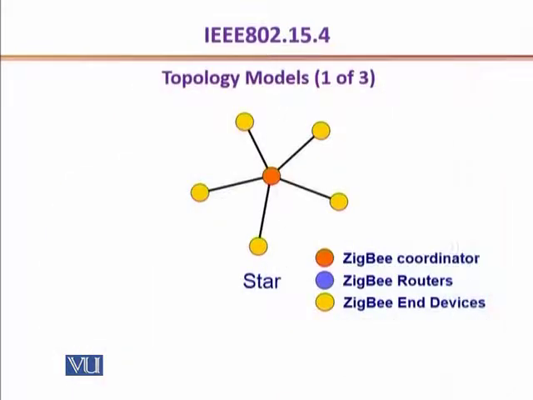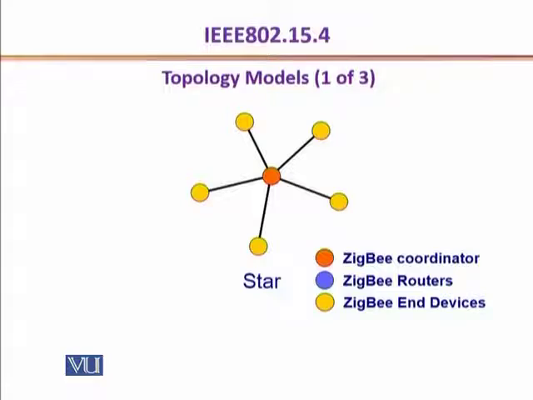The topology support which is given in IEEE 802.15.4 is star, mesh, and tree. Let's start with star first. Here in star, similar to Bluetooth master-slave configuration, we have a coordinator in the center that manages the nodes within its personal network, and these devices are acting as leaf nodes or as end devices.